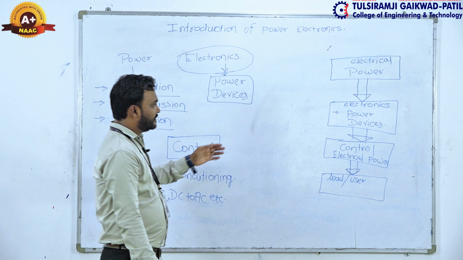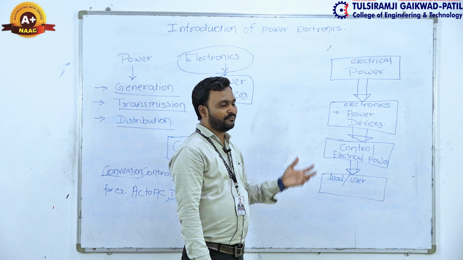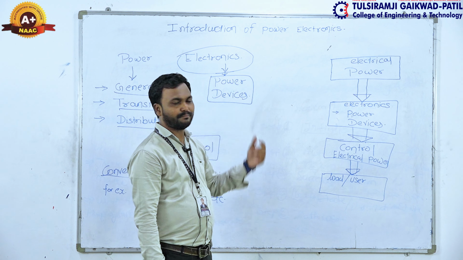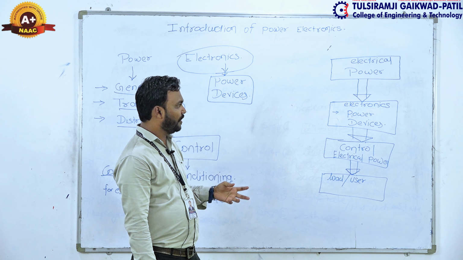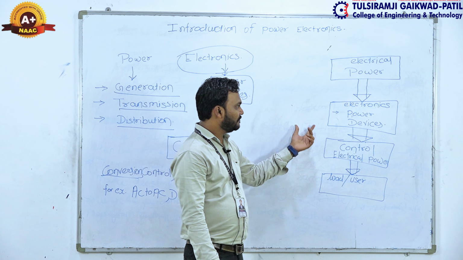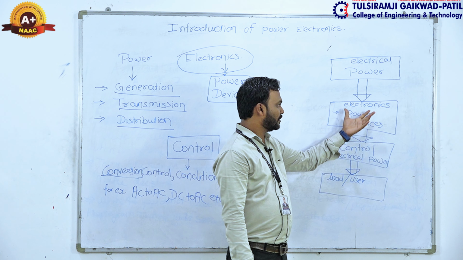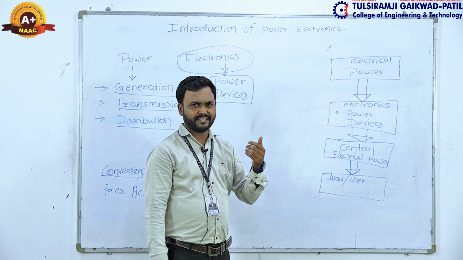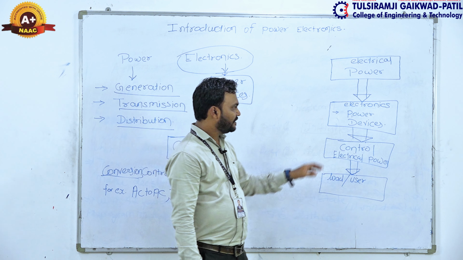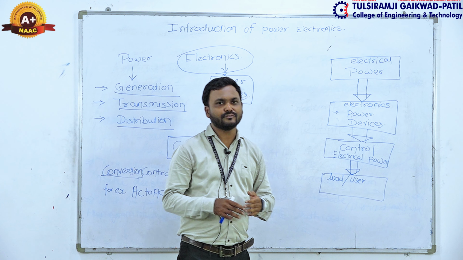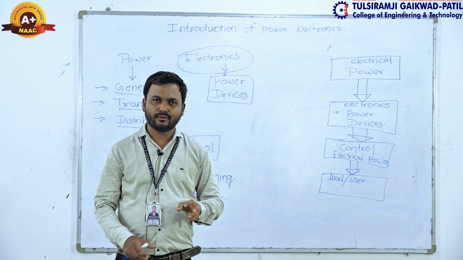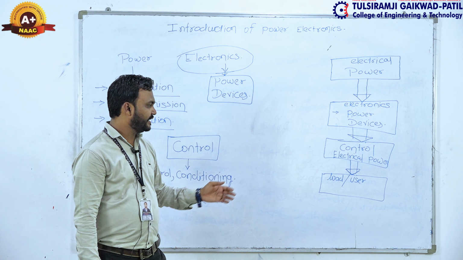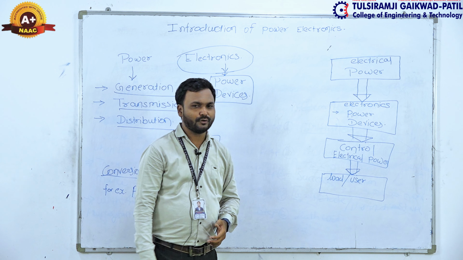So this is the flow graph of the power electronics subject. The electrical power that we have to convert or control is transferred to the control power devices, which are mainly SCR or any thyristor family devices. Then we control that power according to the requirement of the application, and then transfer it to the load or the user.